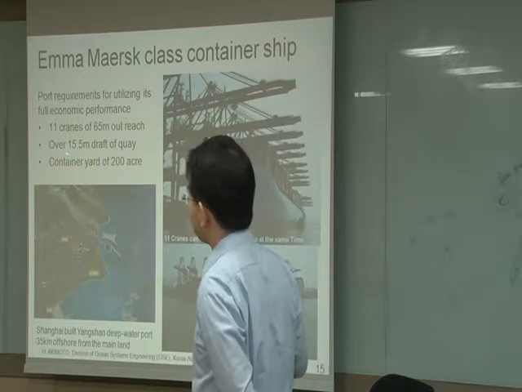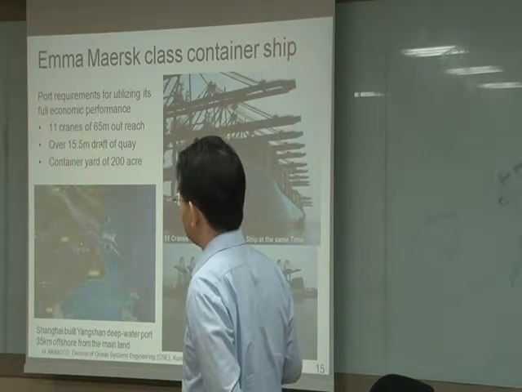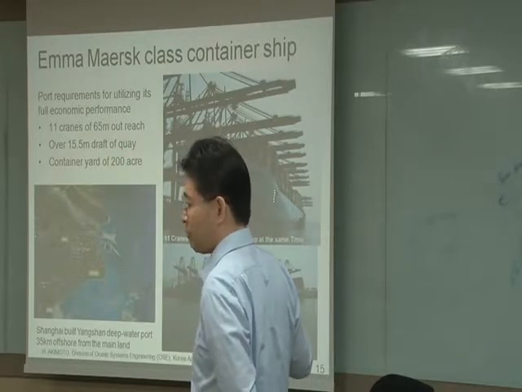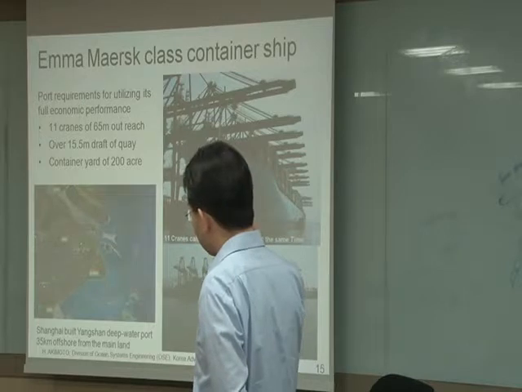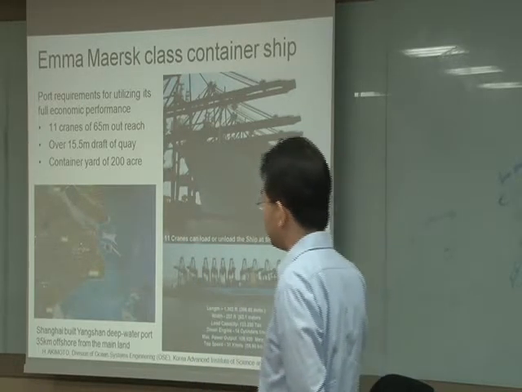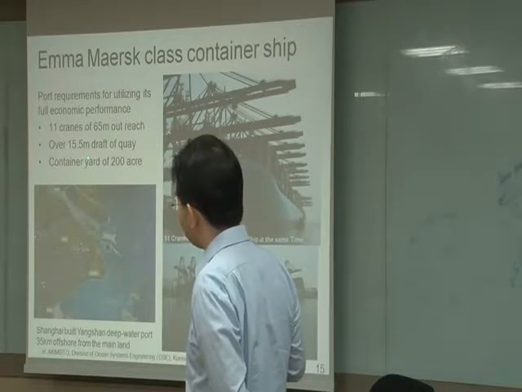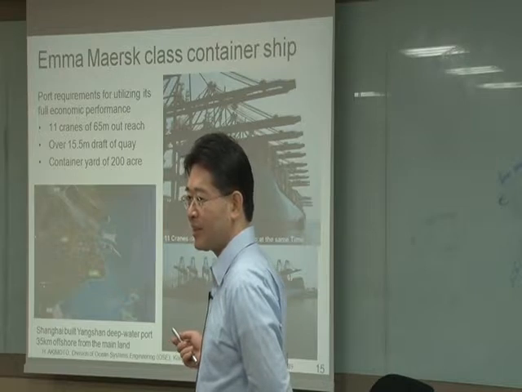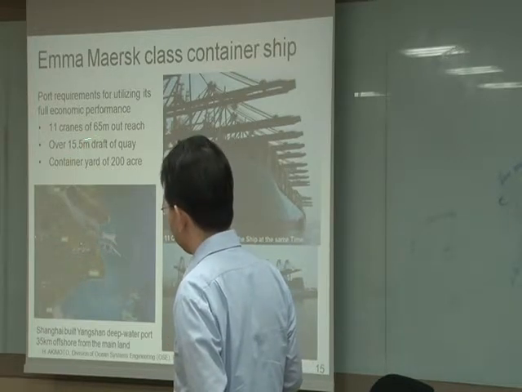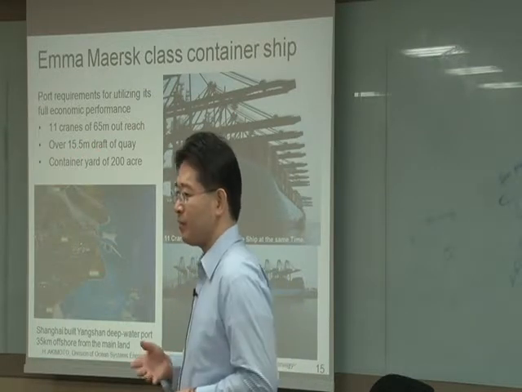Also, it requires over 15.5 meter draft at the quay, that is, depth in this direction. The waterway we will go on tomorrow is at 6 meter depth, I guess. So it is a very large draft, and large draft is very expensive.